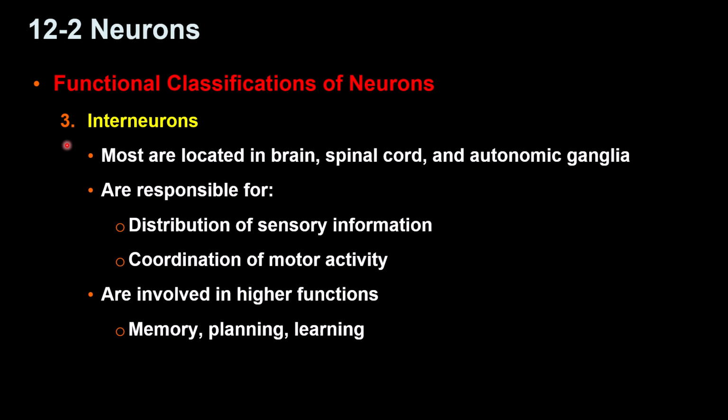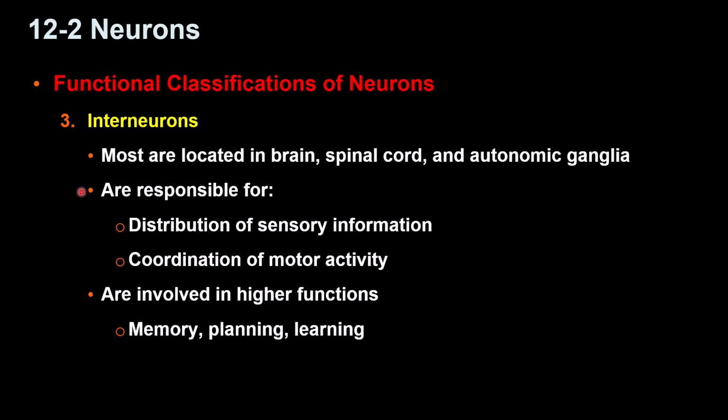Also, interneurons are located inside the walls of the gastrointestinal system, and that is a different section called the enteric nervous system. That is related to the function of the gastrointestinal system, so it's a little bit different.